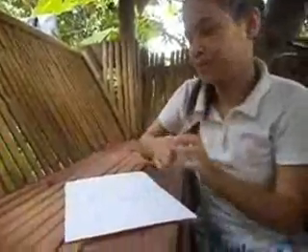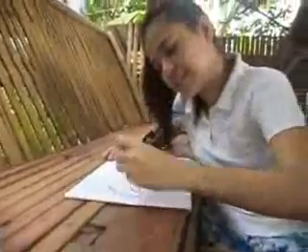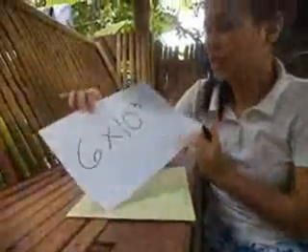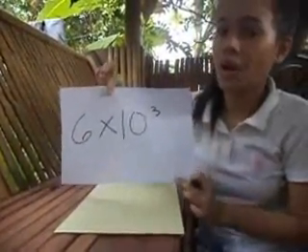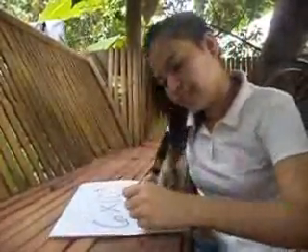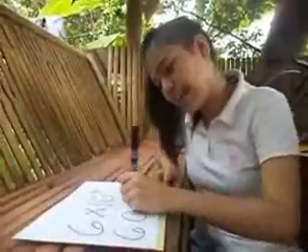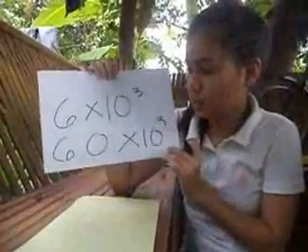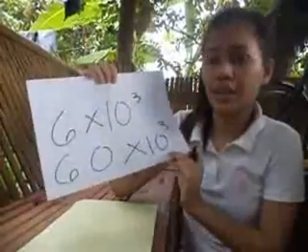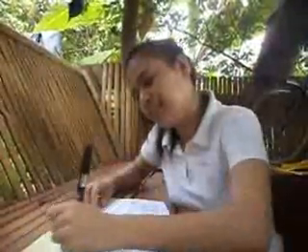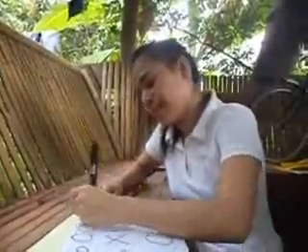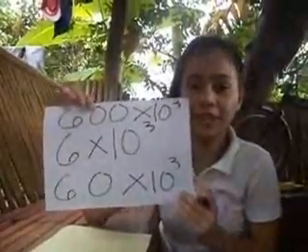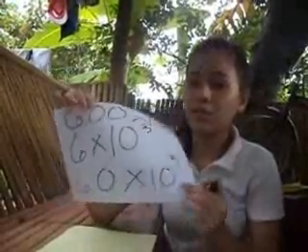For example, 6 times 10 to the power of 3 has one significant figure, or 6.0 times 10 to the power of 3 has two significant figures, or we could write 6.00 times 10 to the power of 3, which has three significant figures, or we could also add more zeros and so on.